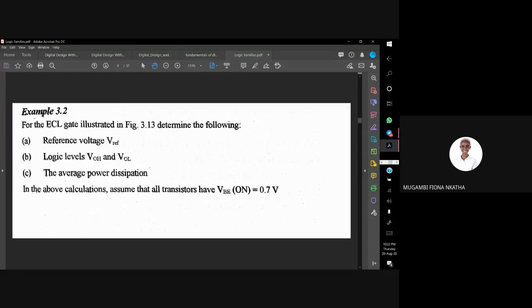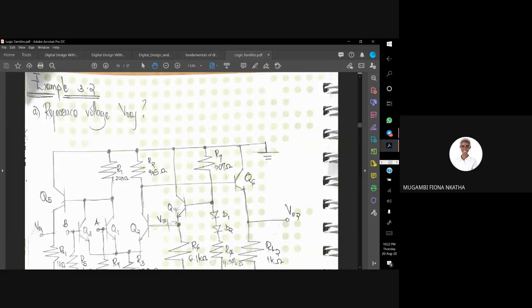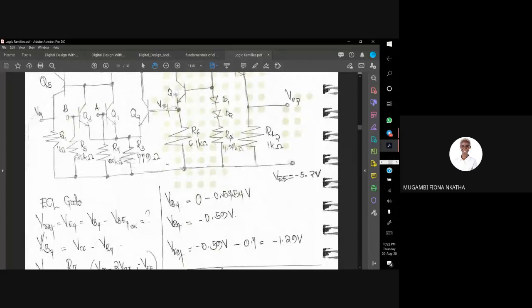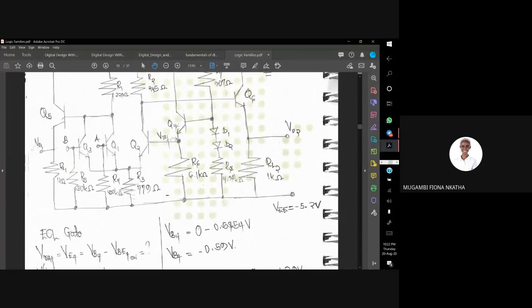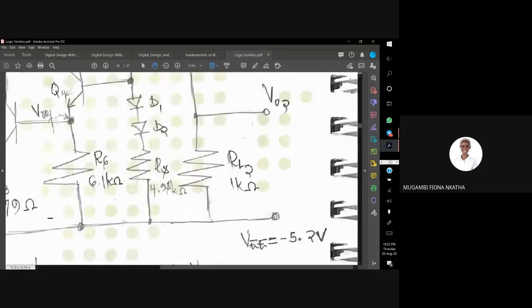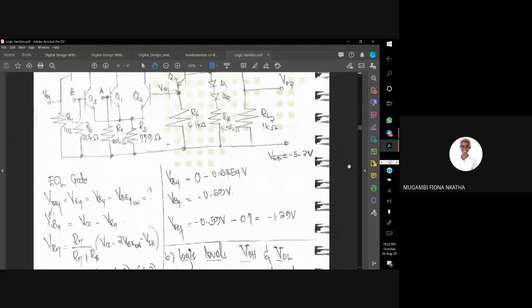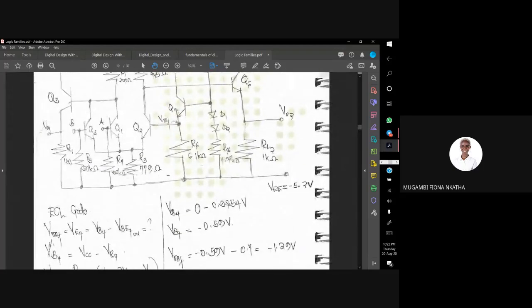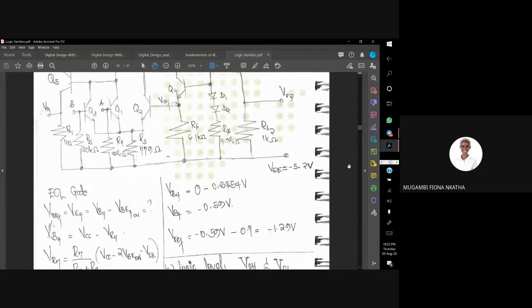Then you're told to assume that all transistors have VBE on of 0.7. So VREF is equal to VB4 minus VBE4 on.